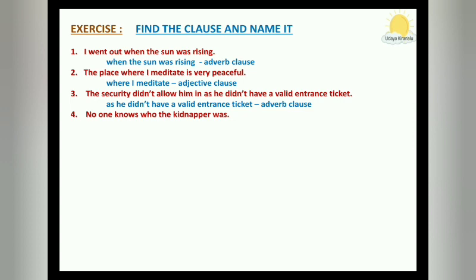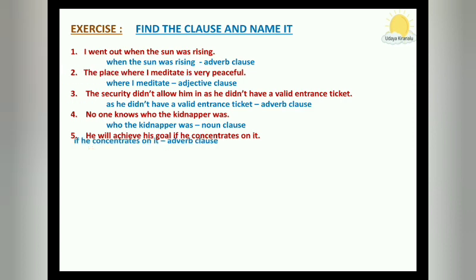No one knows who the kidnapper was. Who the kidnapper was is a noun clause. He will achieve his goal if he concentrates on it. If he concentrates on it is an adverb clause. They said that they were tired.